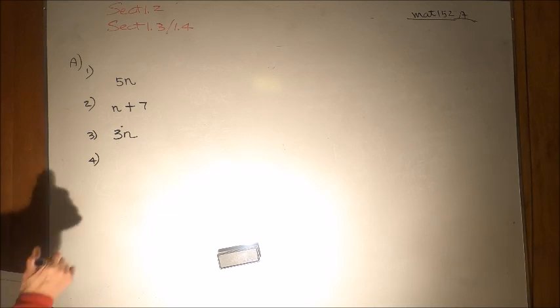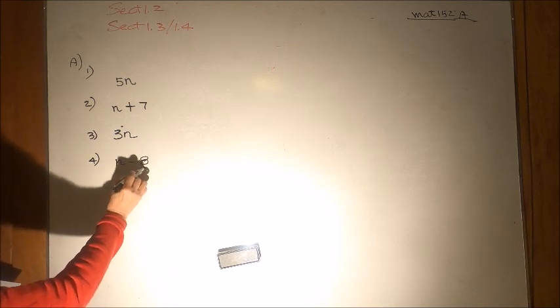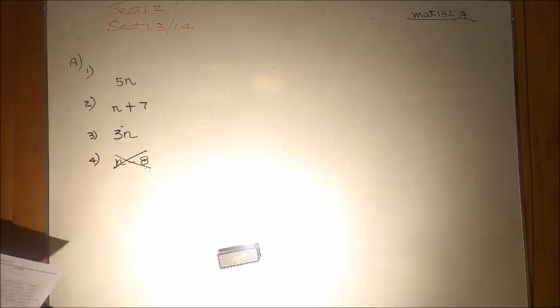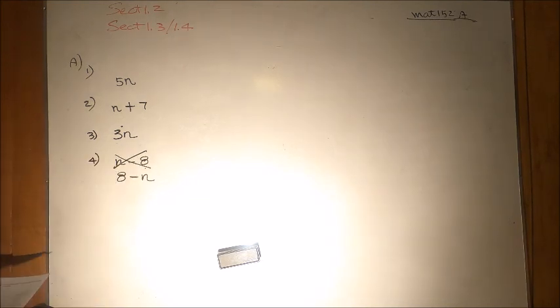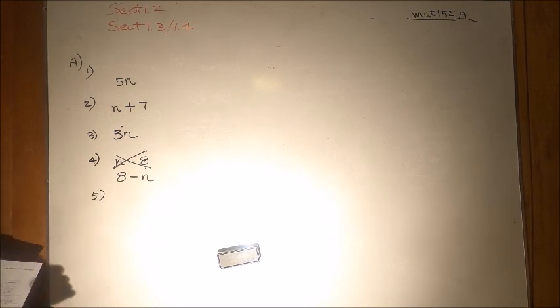That's English. If you write n minus 8, that means n subtract from 8. But this one is saying a number subtract from 8. So you need to write 8 minus n, right? Next one.